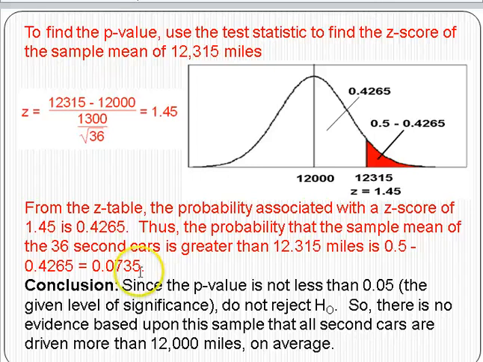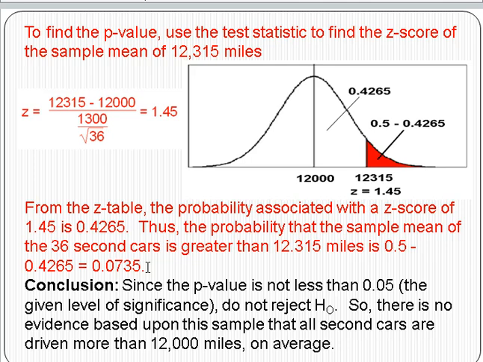Interpreting that value, we have about a 7.35% chance of finding a sample mean of 12,315 or more if the null hypothesis is true. It's somewhat of a low probability, but it's still within the realm of possibilities.